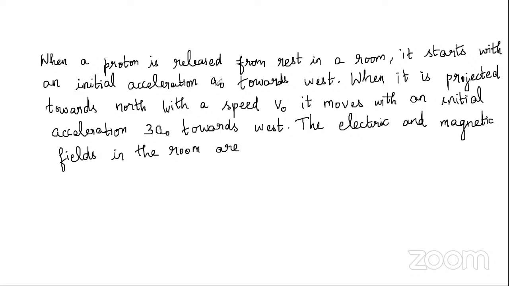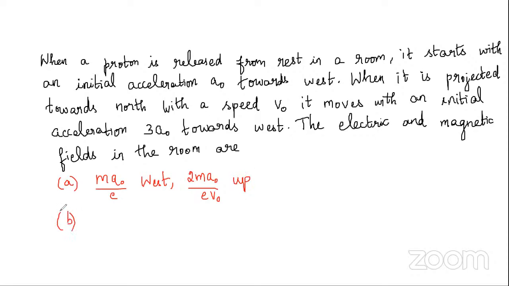So this is the question. I will be writing the solutions here. Option A: m a naught by e west, comma 2 m a naught by e v naught up.